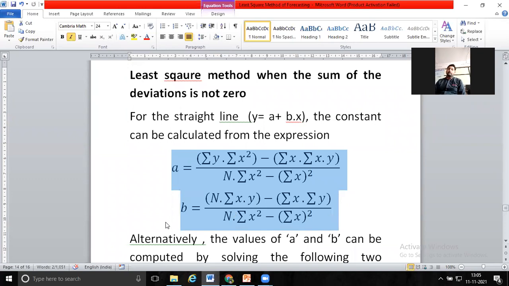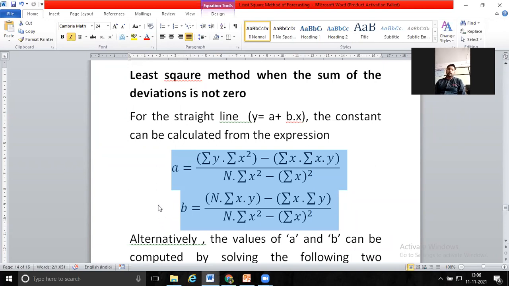Okay, and b can be determined by using the formula: n multiplied by summation of x y minus, in another bracket, summation of x multiplied by summation of y, whole divided by n multiplied by summation of x square minus, inside the bracket, summation of x whole square.